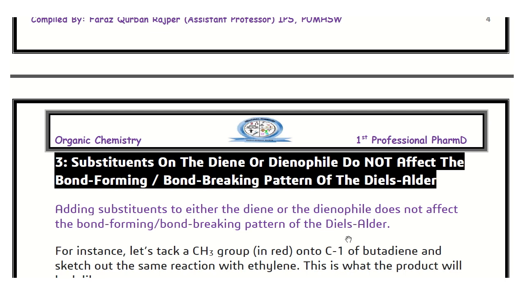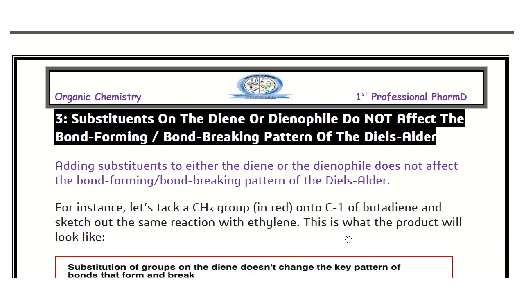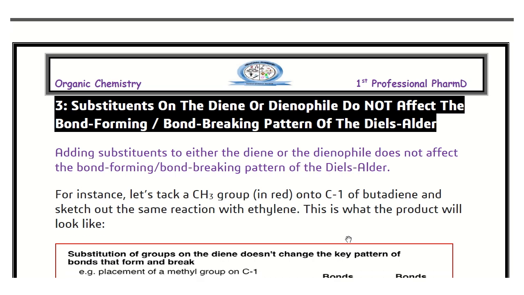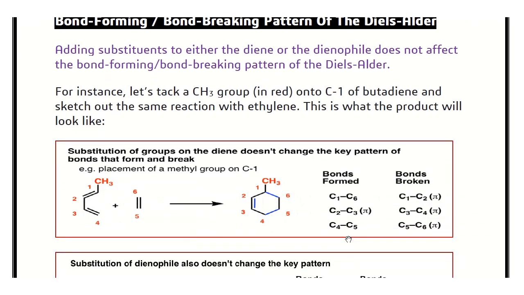Clear? So how is this happening? For example, let's check out if a methyl group is substituted in the structure of 1,3-butadiene. Clear? So we may observe our resultant product will be 1-methyl cyclohexene. Means the reaction will occur in the same manner.